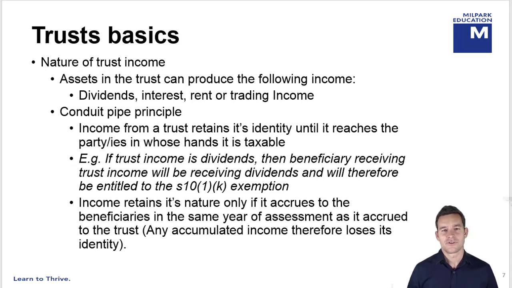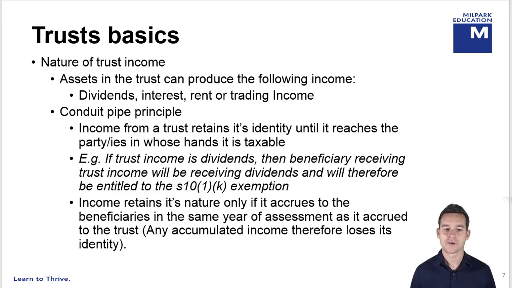In terms of the nature of trust income, trusts can own any number of assets, and therefore they can realize any number or types of income. They can realize dividends, interest, rent, trading income, etc. Now, one of the important principles in trusts is the conduit pipe principle, which basically means that income retains its identity until it reaches the party in whose hands it's going to be taxed.